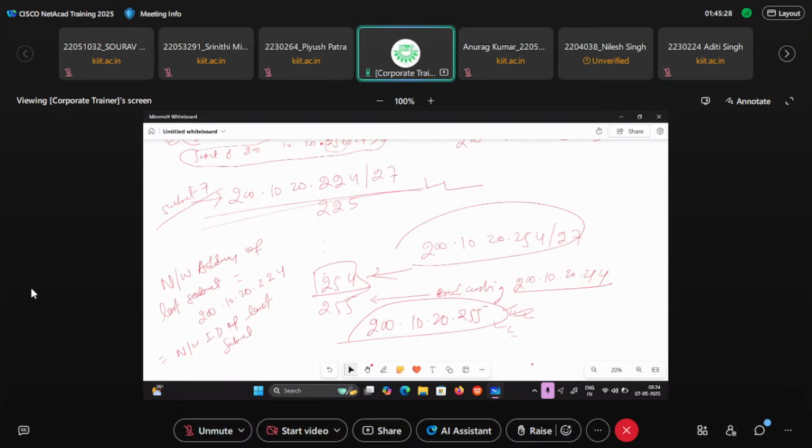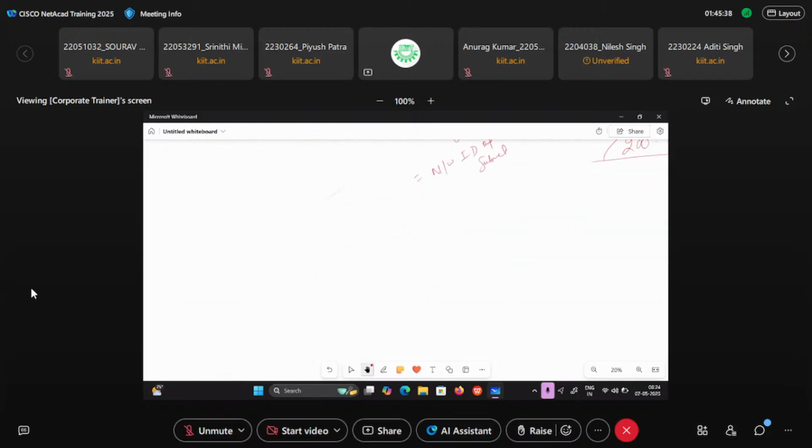So I will give you some questions today so that you can solve them based on this type 1 subnetting, on the basis of requirement of network. So write some IP addresses. This is for class C that I have given, subnetting on the basis of class C. I am just giving some questions based on class C only.